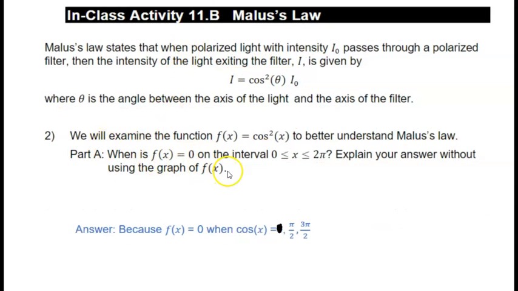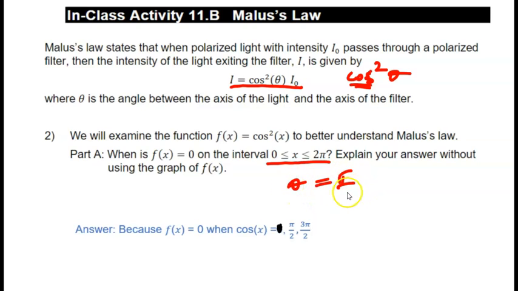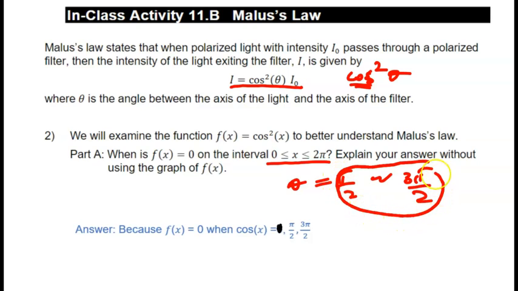Now, if you look at this equation, you will realize that cos squared theta is always going to be 0 or positive. It cannot be negative. And so when f of x is equal to 0 in this interval, then theta must be equal to either pi on 2 or 3 pi on 2, because it is at these angles that we are going to get cos squared theta to be equal to 0.